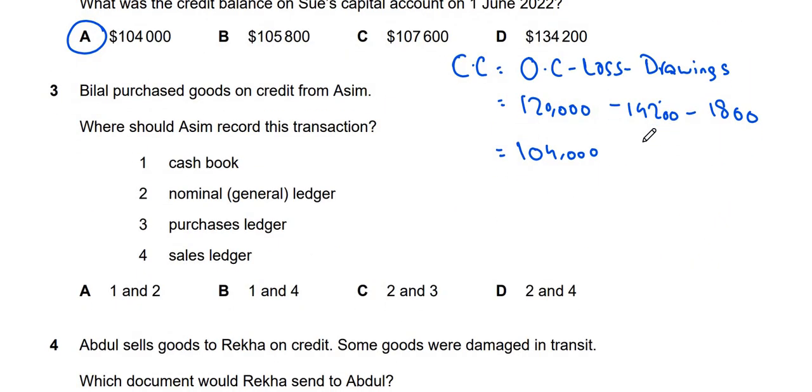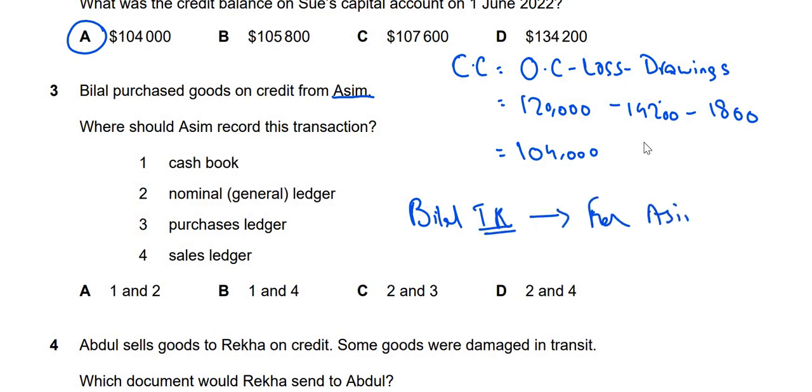Question 3, guys. Question 3 says Bilal purchased goods on credit from Asim. Where should Asim record this transaction? Cash book, nominal ledger, purchases ledger, or sales ledger? So look, Asim has sold goods to Bilal. So Bilal is a trade receivable for Asim.